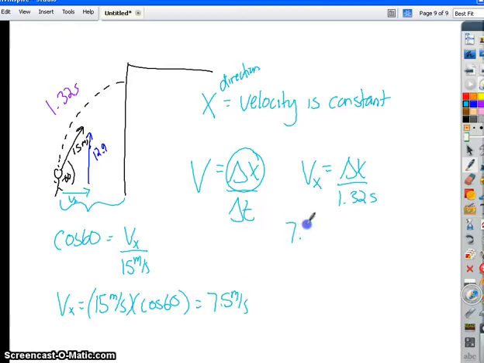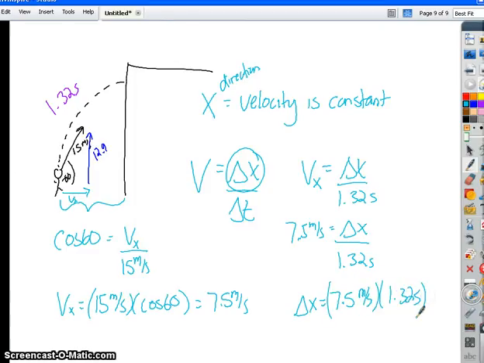So 7.5 meters per second equals delta x over 1.32 seconds. Delta x equals 7.5 meters per second times 1.32 seconds, and we get an answer of 9.9 meters. Final answer.